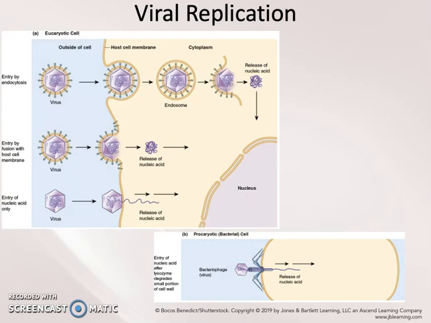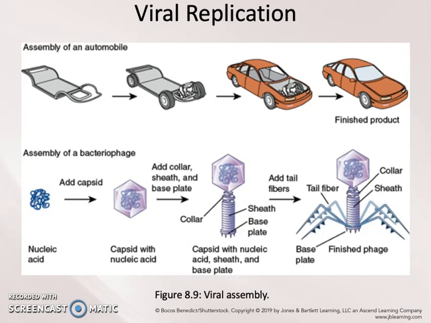The next two steps of viral replication are replication and assembly. In this case, the viral particle takes control of or hijacks the host cell mechanisms and gets the host cell to generate the different parts of the viral particle.